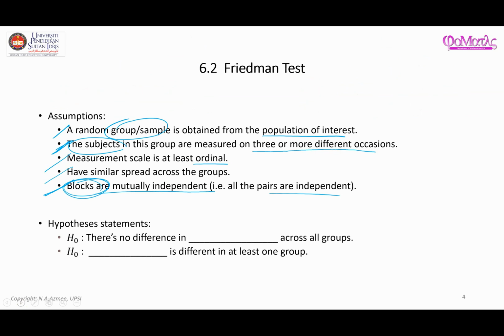Now, in terms of hypothesis statements, the simple way of doing it, of course, is to look at the question asked and come up with the hypothesis statements related to it. But I think there is a specific way of doing it.